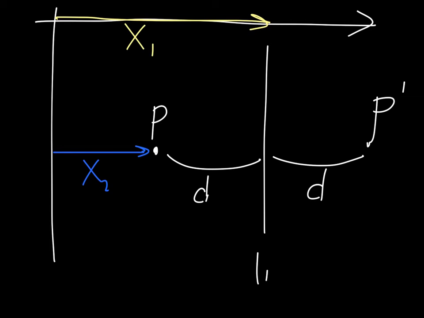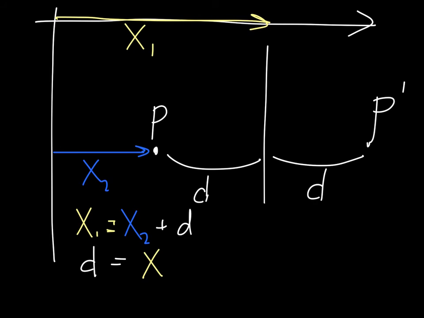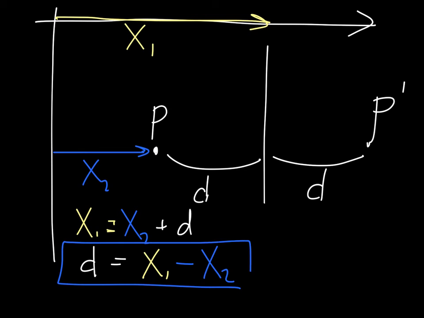The formula we came out with was x1 equals x2 plus distance. So if I rearrange that formula, I will see that the distance is actually x1 minus x2. Hold that thought.